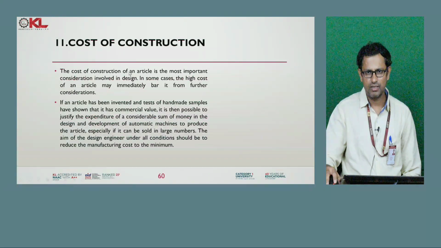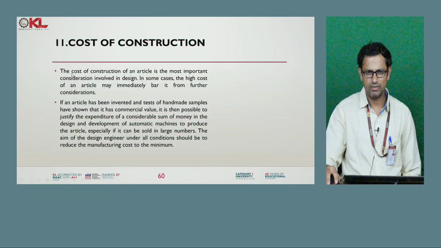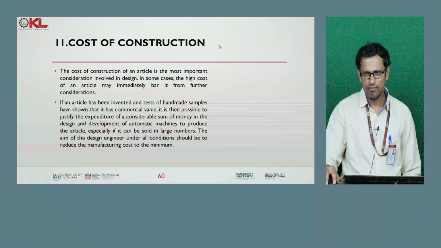Another factor is the cost of construction. What is the cost that product fabrication involves? Because to fabricate some small part, for example a plain part, it requires less cost.